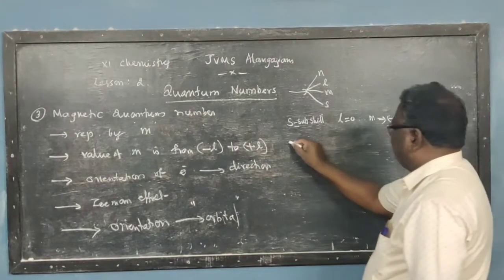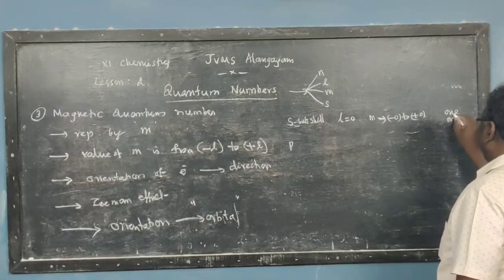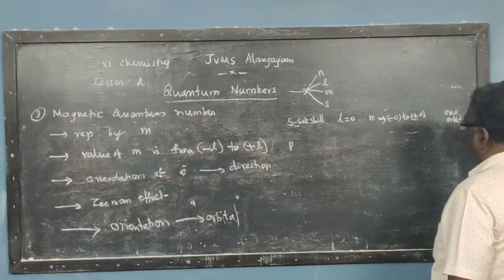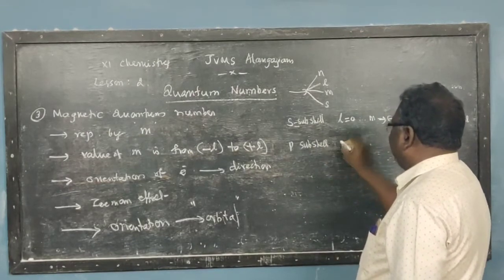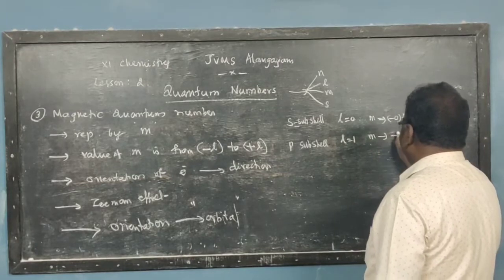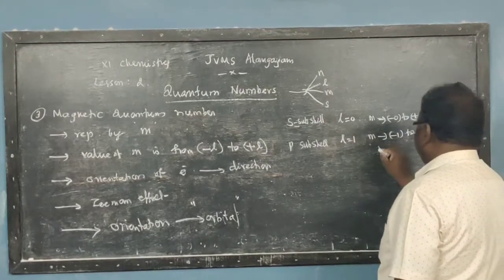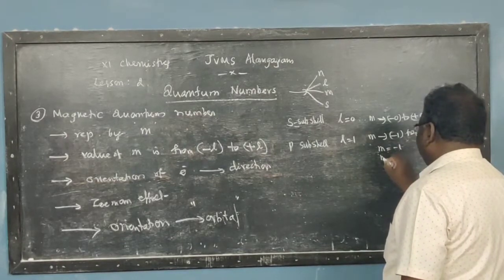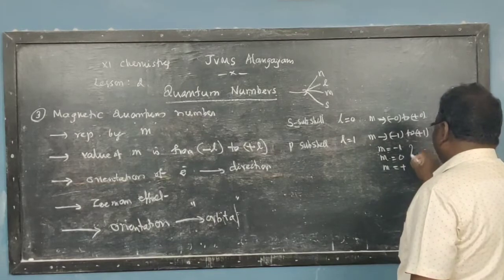So the s subshell has only one orbital. If you take the p subshell, the L value is equal to 1, and the M value will be from minus 1 to plus 1. So what does it mean? M is equal to minus 1, M is equal to 0, and M is equal to plus 1.